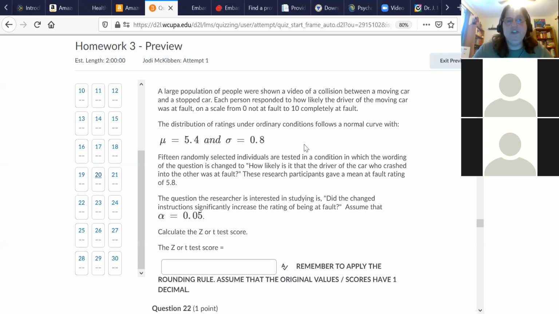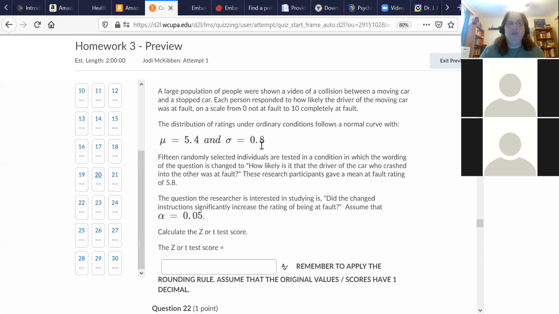Let me try that one more time. For the sampling distribution of means, if you remember how that's narrower, this is really giving you the spread within the sampling distribution of means once I take that 0.8 and divide by the square root of n.